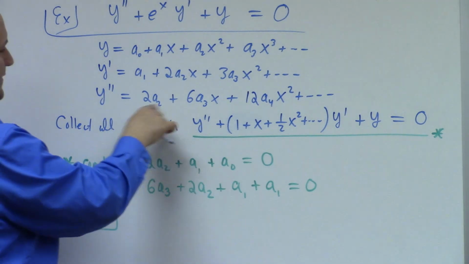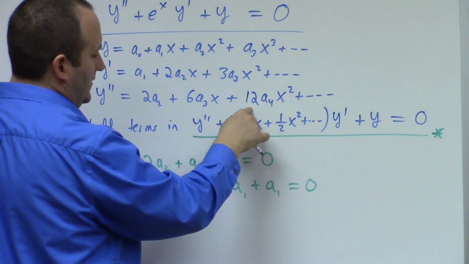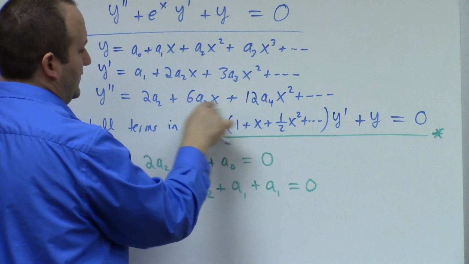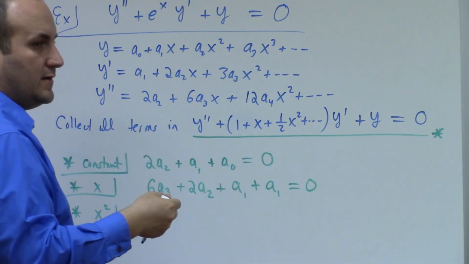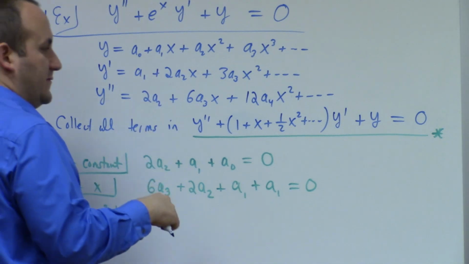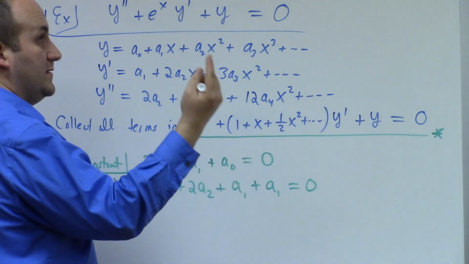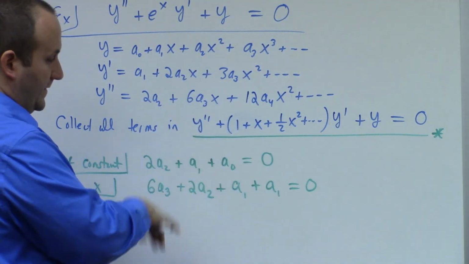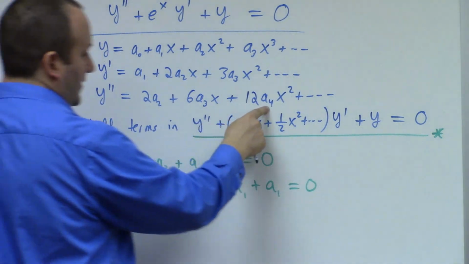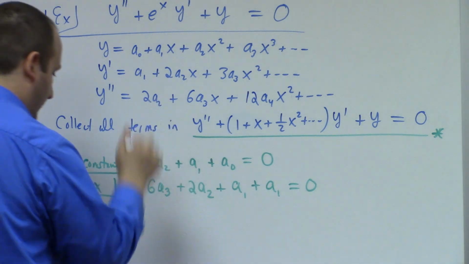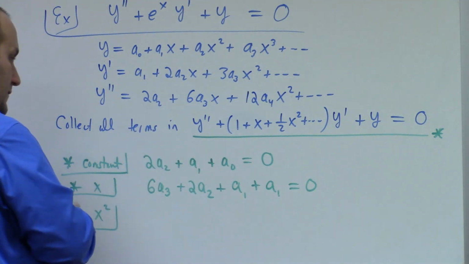This is 2 times 1. That's 3 times 2. This is 2 times 3. This is 3 times 4. It's 12. So x to the 4th differentiated twice, 4x cubed, 12x squared, yeah. The a4 rides along. So when I look at x squared, I get 12a4 from the y prime prime term, right?